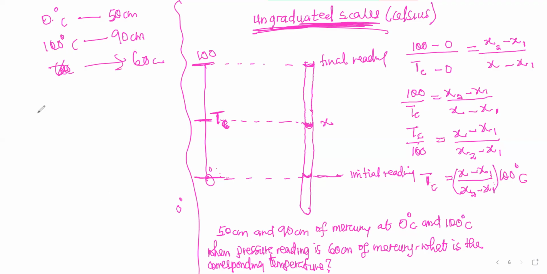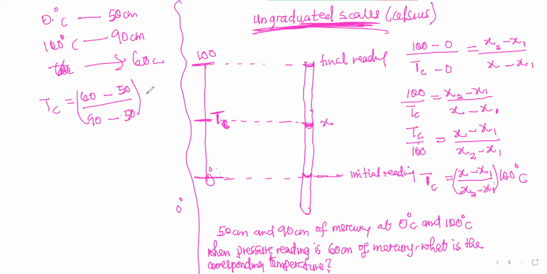Use this: Tc would be equal to x, which is what we are given, 60, minus x1, 50, divided by x2, which is 90, minus 50.